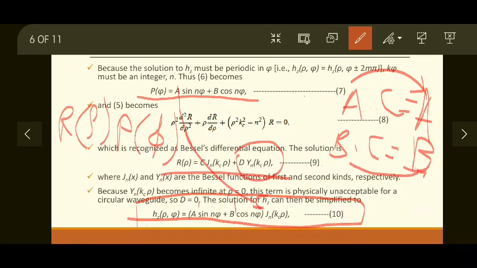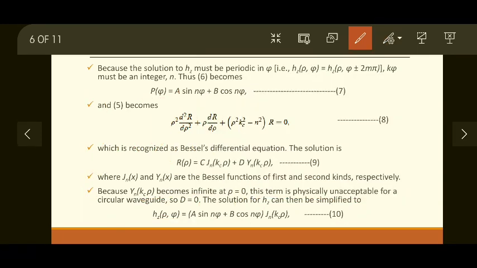Now we have to find E rho, E phi, H rho and H phi. We have already seen at the beginning of this video the general solutions of transverse fields in cylindrical coordinates. Use them to find E rho, E phi and H rho, H phi.